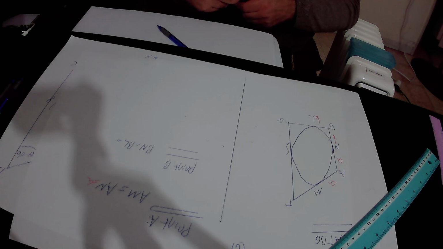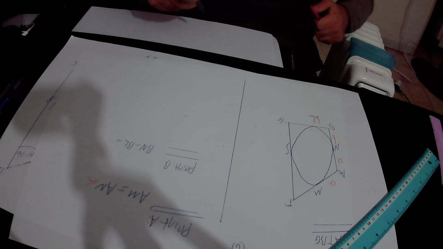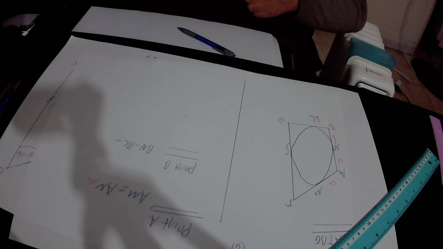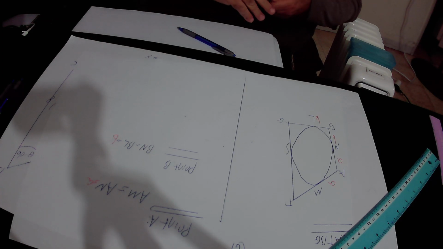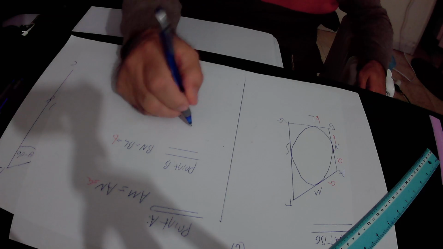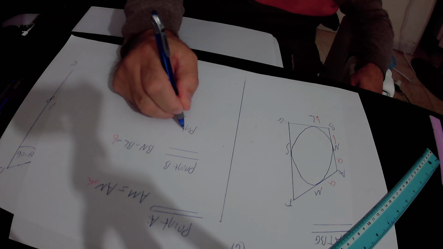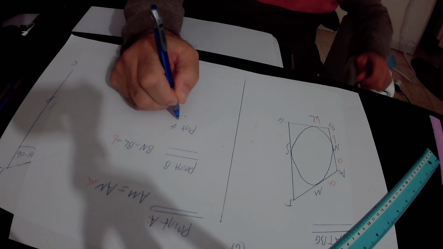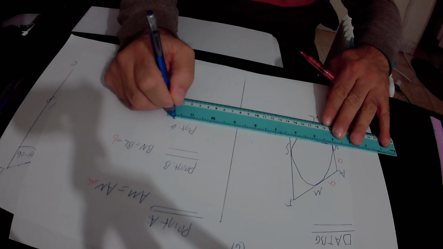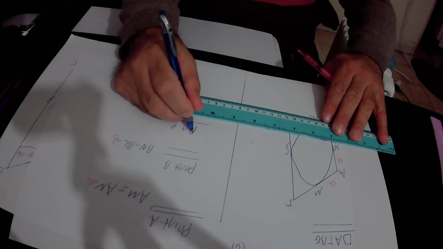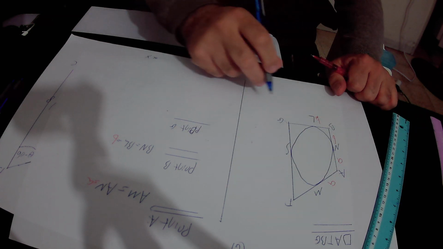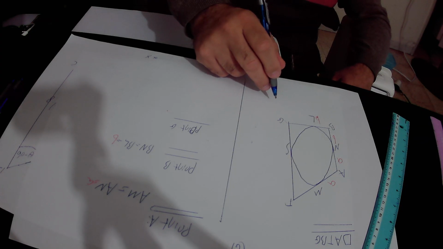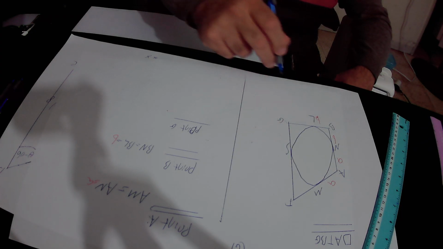In the next step, we focus on the common external point G. For the common external point G, you have two tangents to the circle, tangent GS and then tangent GL.